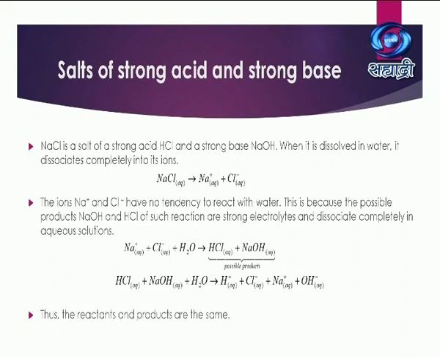So if the Na plus ion reacts with OH minus ions of your water, what is the product? The product is NaOH. But NaOH is a strong base, so it dissociates completely. Similarly, if Cl minus ions of your salt react with H plus ions of water, what is the product? The product is HCl, but HCl is a strong acid.